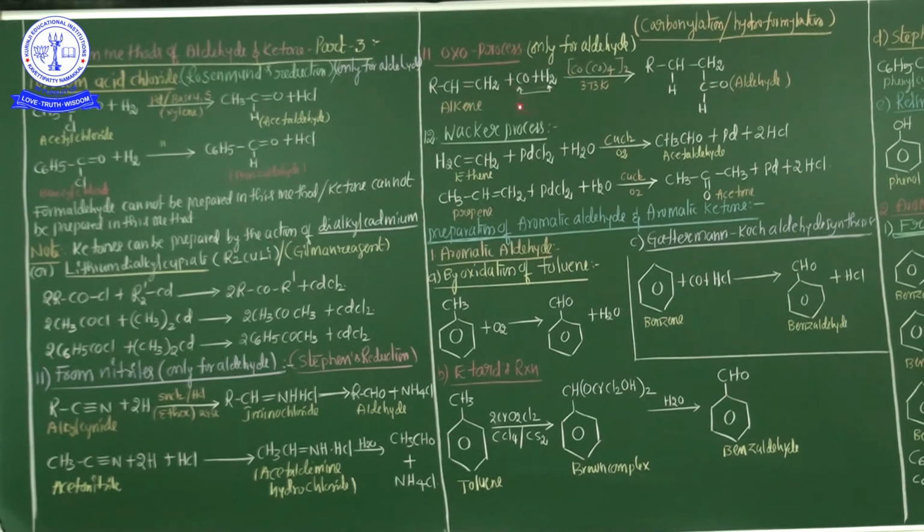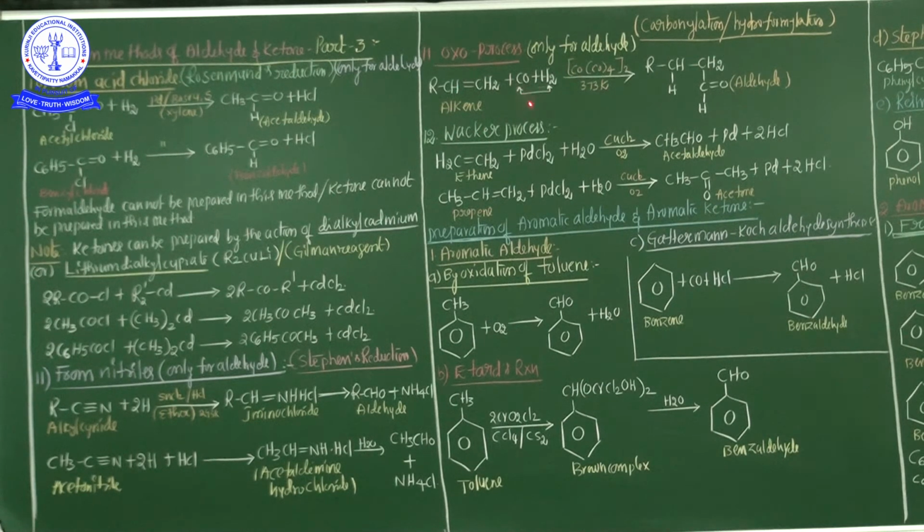You know this CO plus H2 combination is commonly known as water gas. So in the presence of cobalt carbonyl, which acts as a catalyst. My dear students, the OXO process is generally an industrial preparation method of the aldehyde. Now see here, an alkene, an unsaturated hydrocarbon, reacted with water gas.